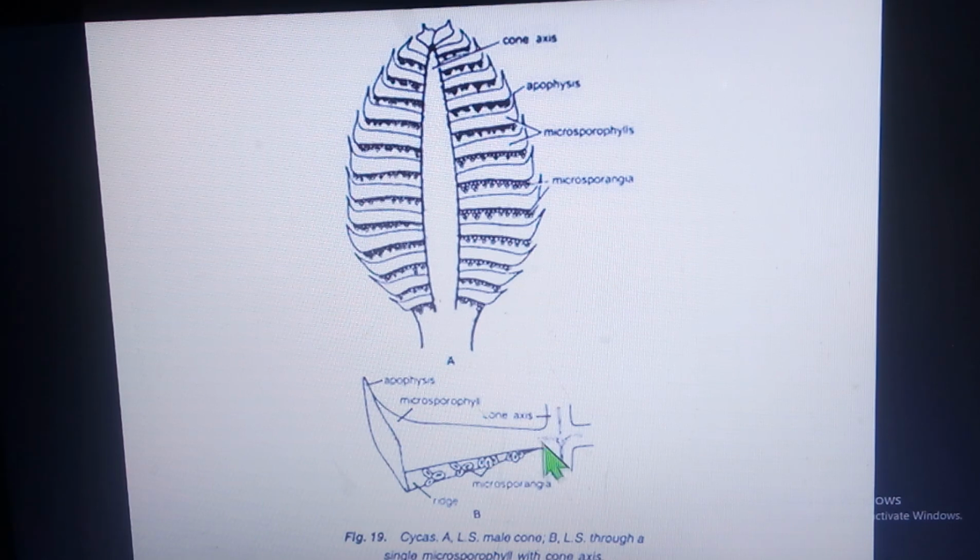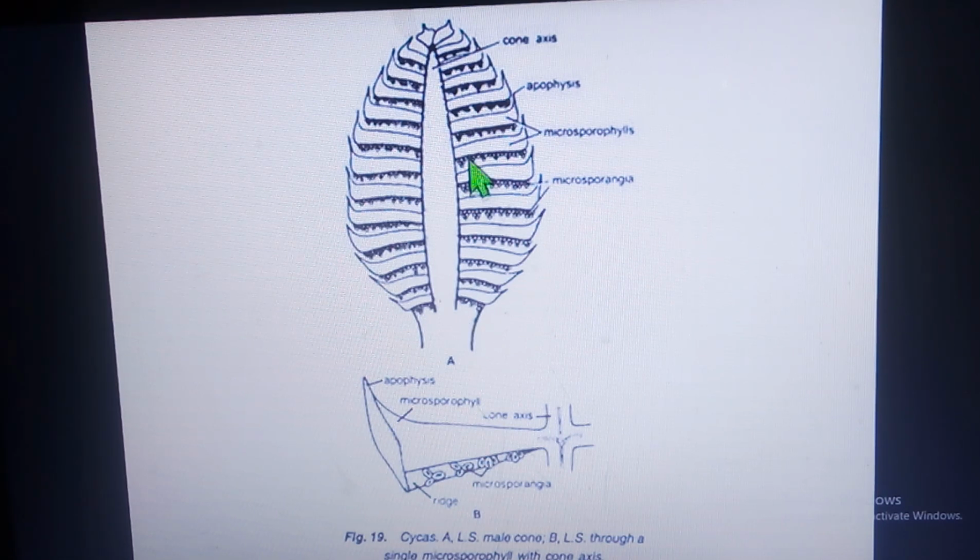Here you can also see it is a flattened, wedge-shaped woody structure. It has two surfaces: the adaxial surface, or the upper surface, and the abaxial surface, that is the lower surface.